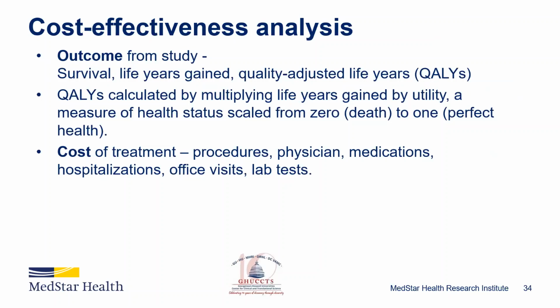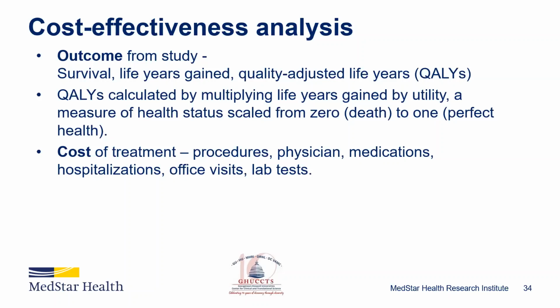In most cost-effectiveness studies, this is translated to quality adjusted life years, or QALYs. They're calculated by multiplying life years gained by a utility, which is a scale from 0 to 1. It's a measure of health status where 0 means death and 1 means perfect health.